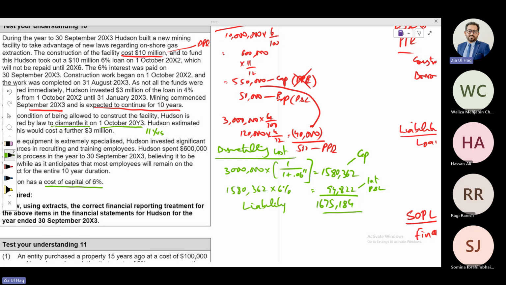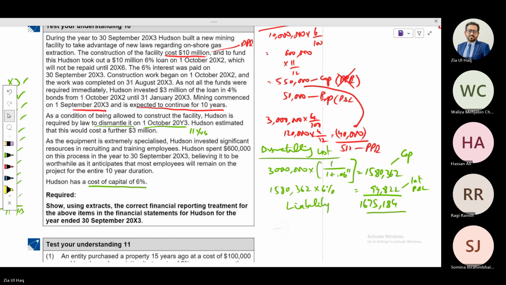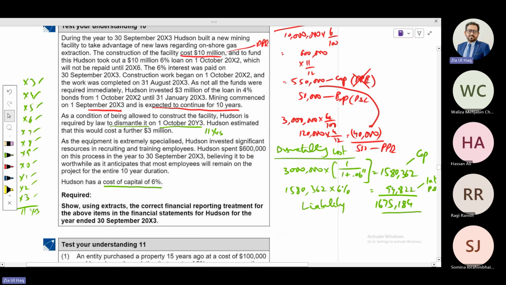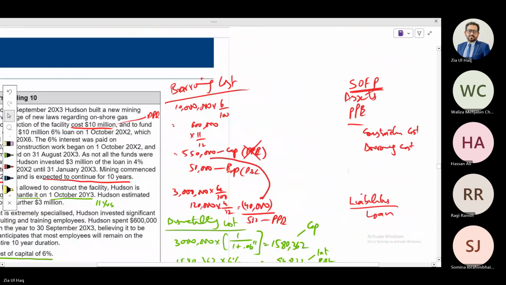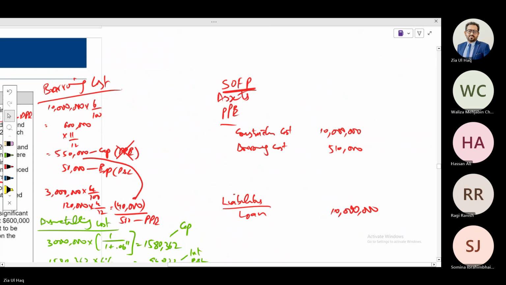If you can't understand this, please cover the example we covered in the previous lecture of dismantling cost. So this issue is also done. With the asset cost, we need to include the dismantling cost of 1,580,362.